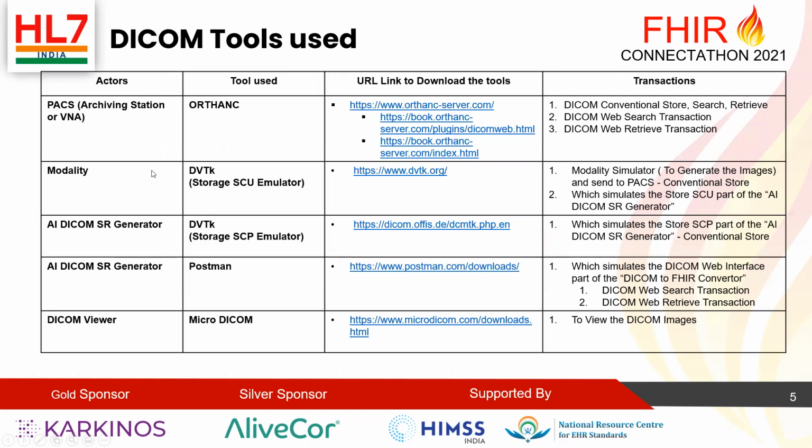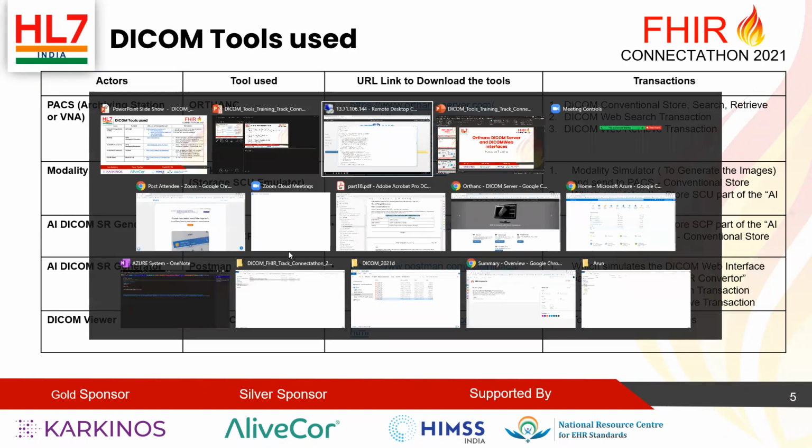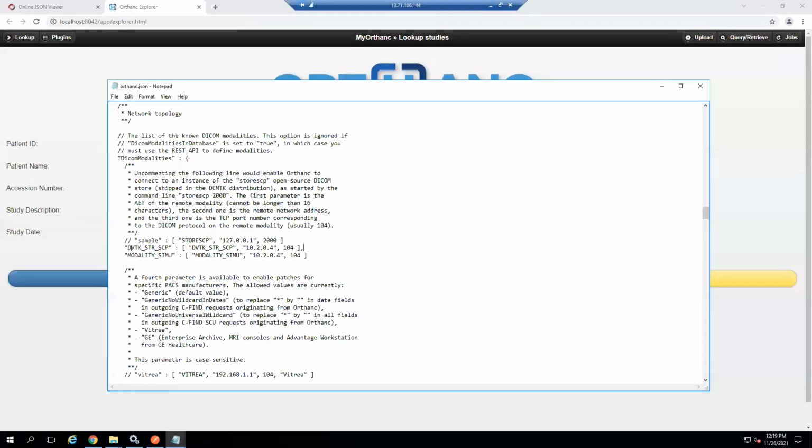DVTK, and we are using it for the storage SCU and for the storage SCP. So for that purpose only, here I configured two things. One is the SCP, which acts as the AI algorithm processing thing, and the other acts as a modality simulator. Okay, and for this modality simulator SCU, if you see here, I just used the same port number within the same system.